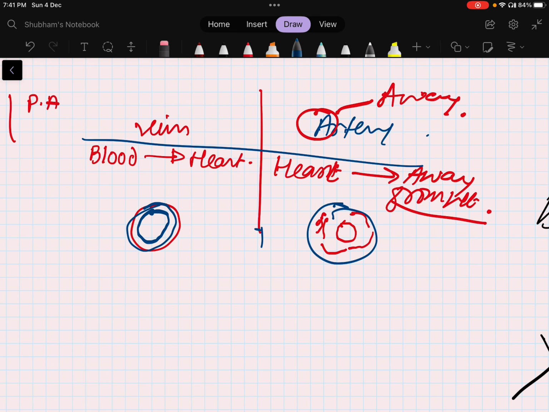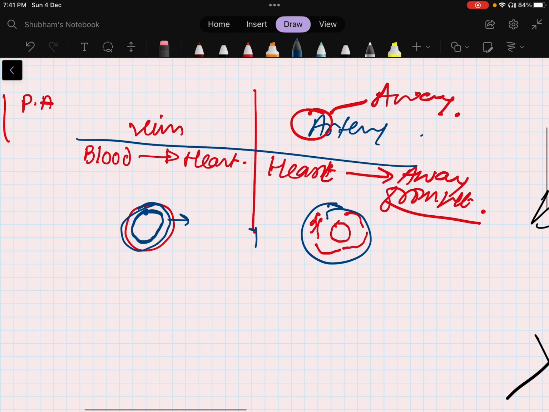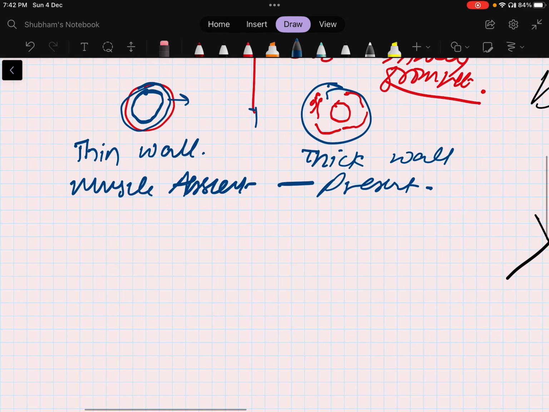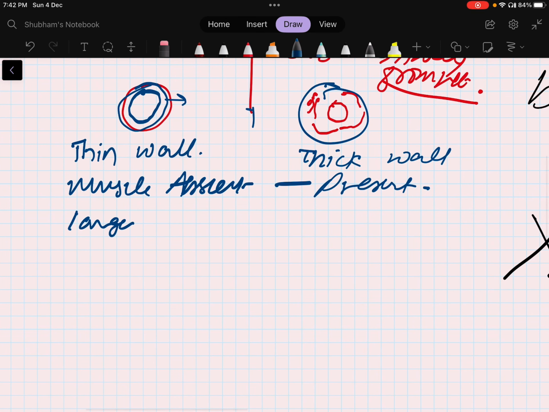That's why our veins are thinner. Wall of the vein: thin wall; artery: thick wall. Muscles: absent in veins, present in arteries. Larger internal diameter in veins, small internal diameter in arteries.